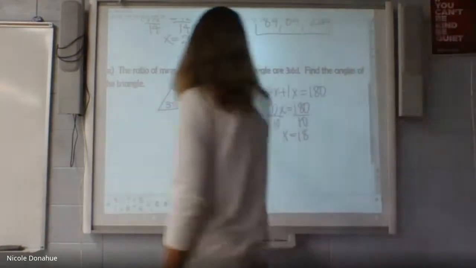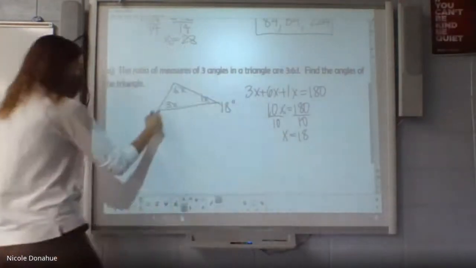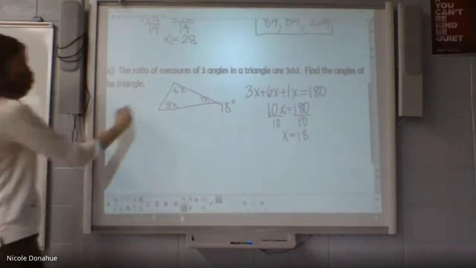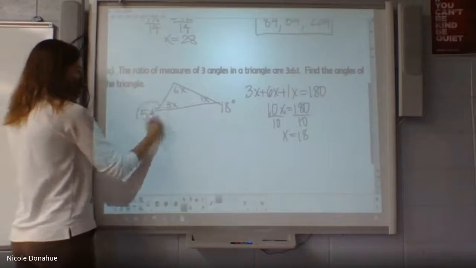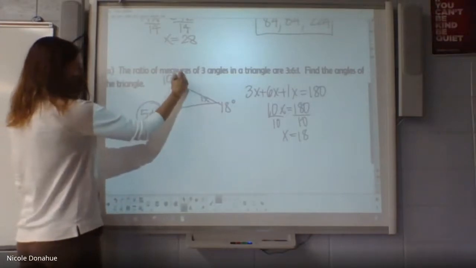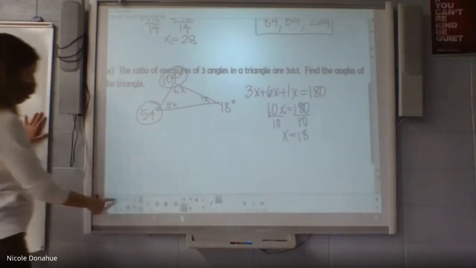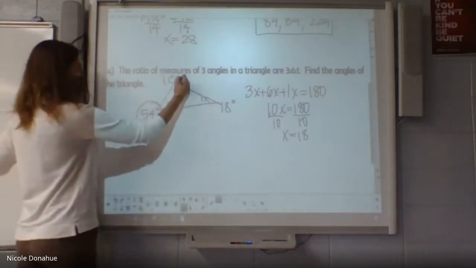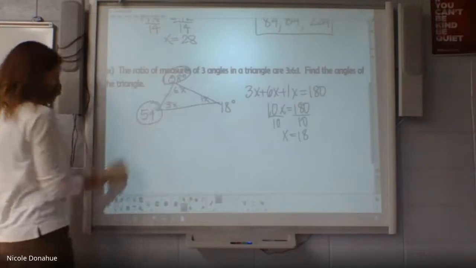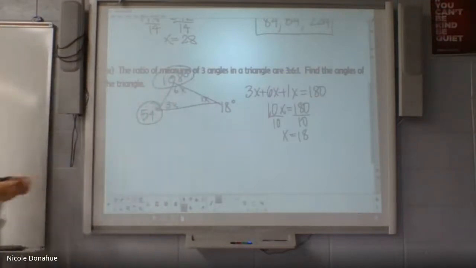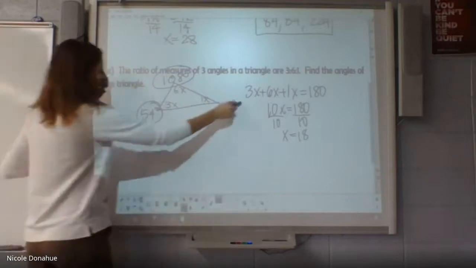That's our first angle, 18 degrees. This one times 3 will give us 54. And then this one I believe is 104, 108, sorry. I get 108. So we have our 3 angles of our triangle.